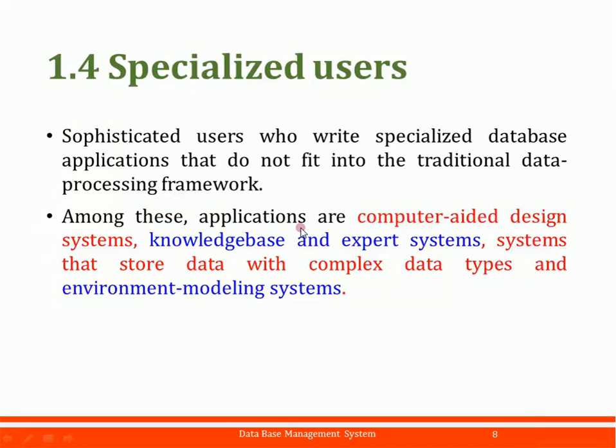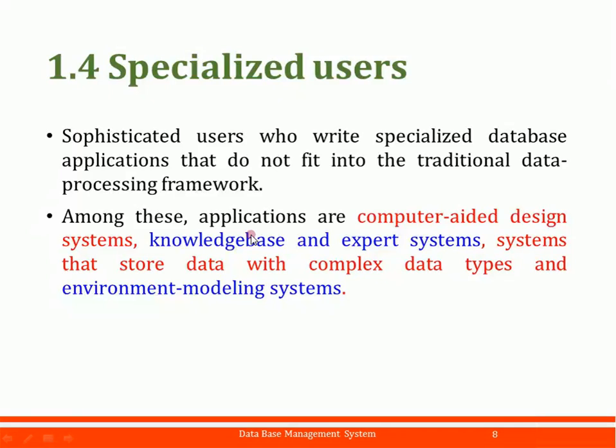The applications used by these specialized users are computer aided design systems, knowledge base and expert systems, systems that store data with complex data types, and environment modeling systems. We know that all these applications are specialized applications which are used for specific purposes.